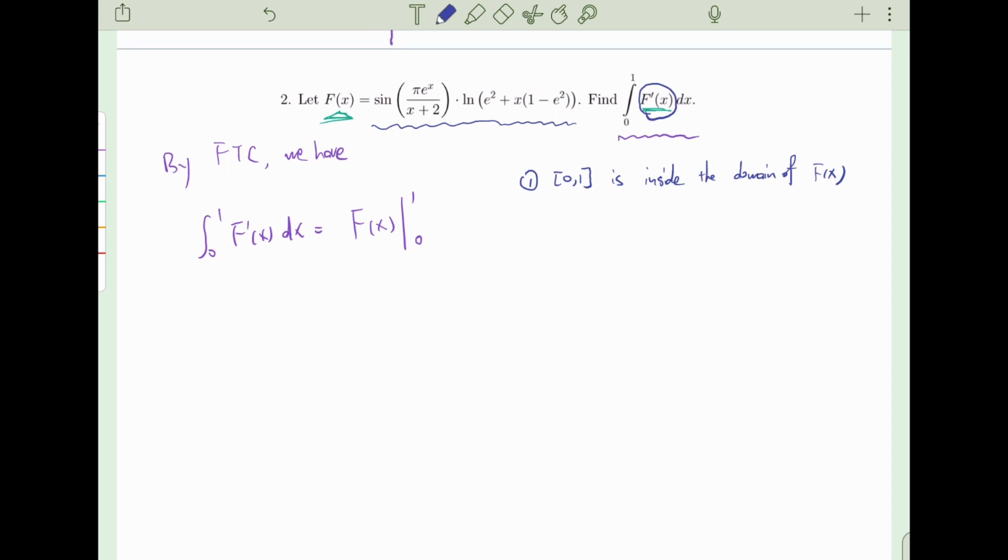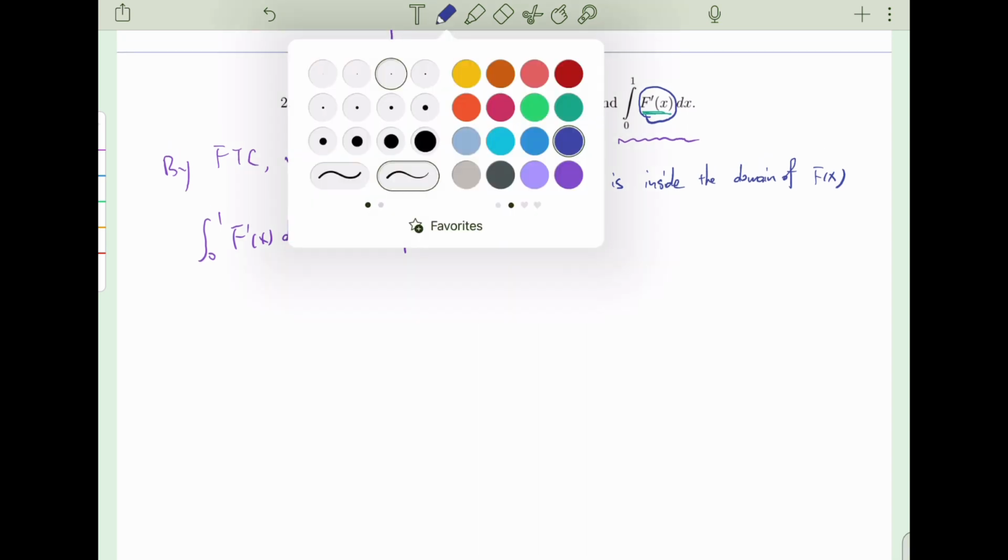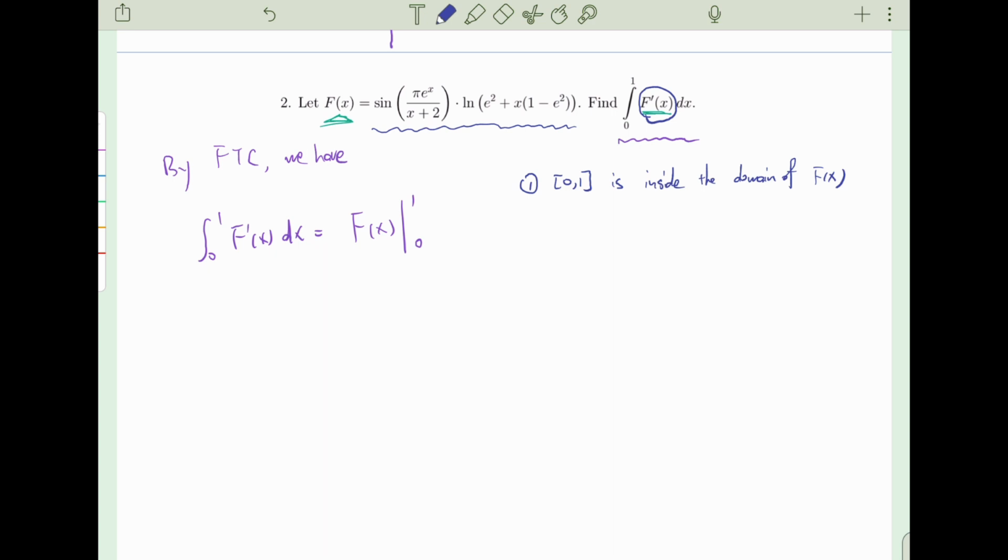Because for whatever value from 0 to 1, when you plug into the original function, you will always get a valid output, right? The denominator is not going to be 0, unless x is equal to -2. And this expression inside the log function is always greater than 0, right?